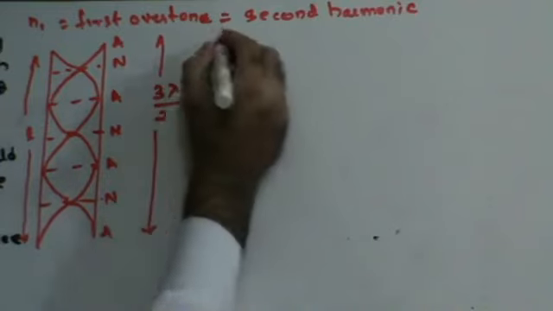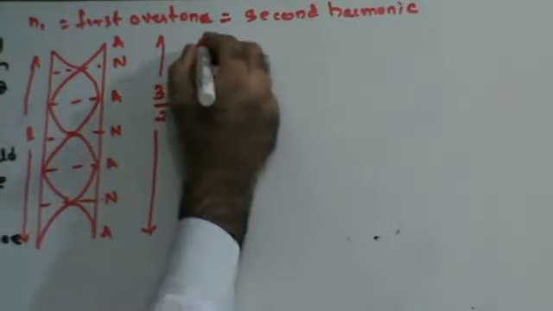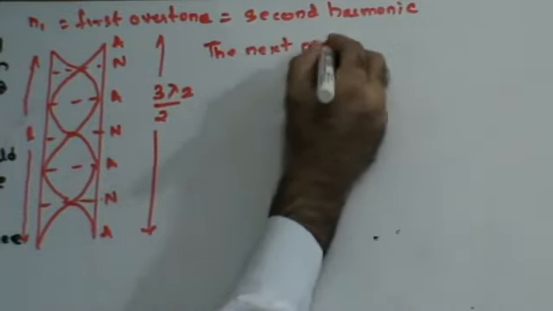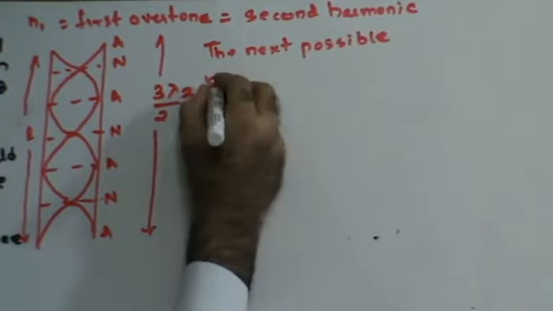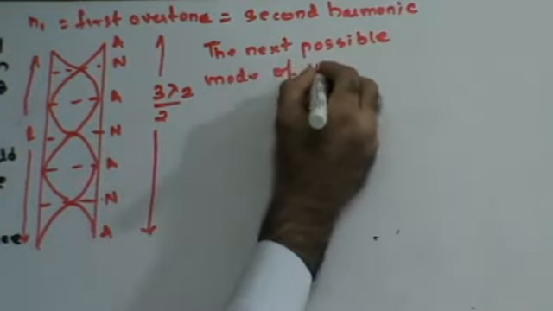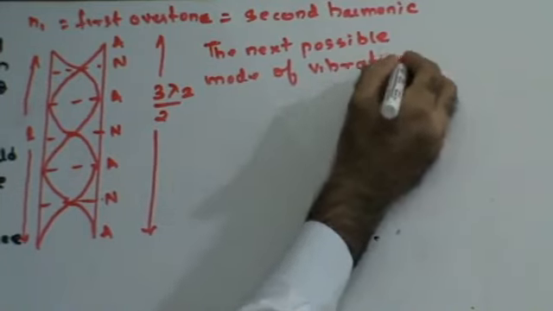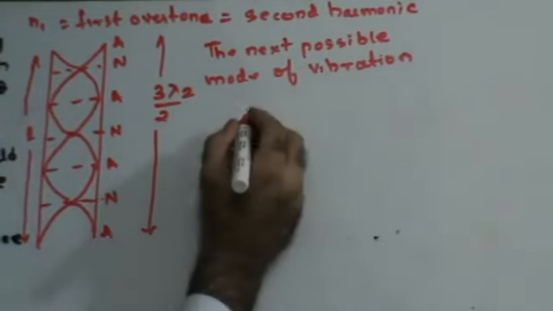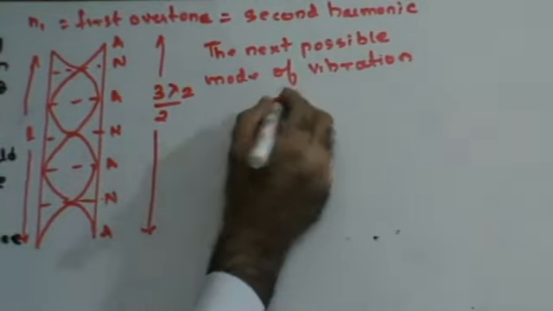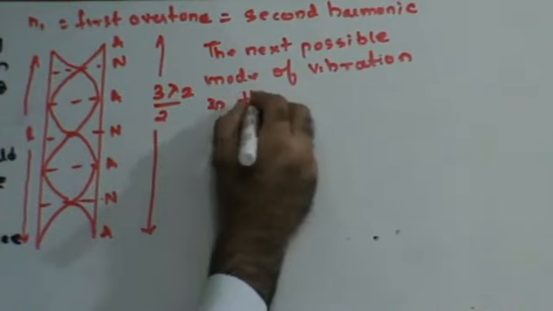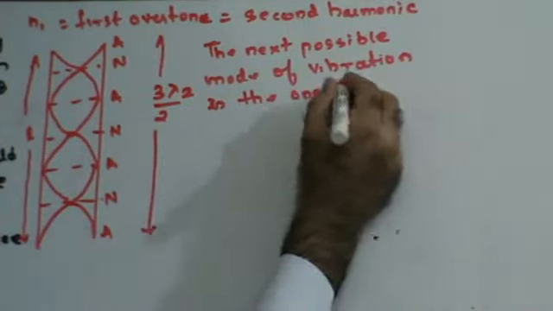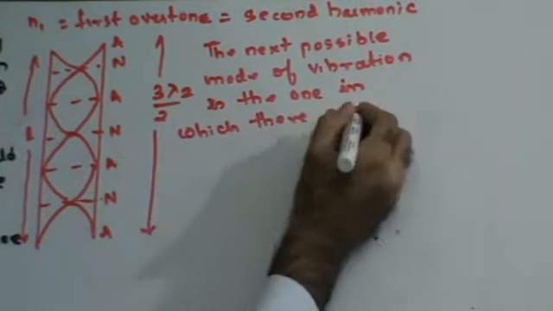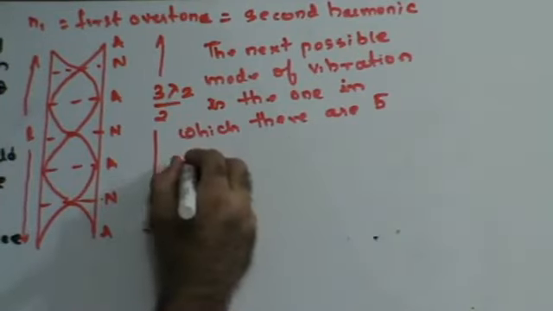Right? I can say that the next possible mode of vibration is the one in which there are 5 antinodes and 3 nodes.